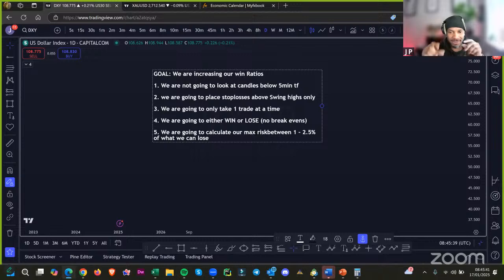When you get better with your win ratios and you know how much you win and how much you lose, you can be a lot bigger in your risk in prop firm accounts when you know the data. What do I mean by this? If I've taken 100 trades and out of 100 trades I win 70 and lose 30, even if my risk to reward is only 1 to 3, which is not huge, it is you risking $100 and making $300.